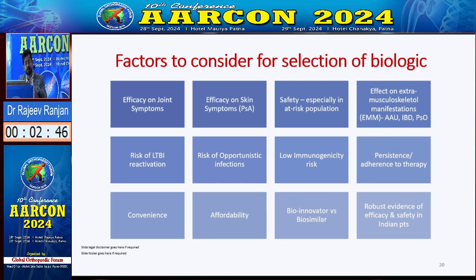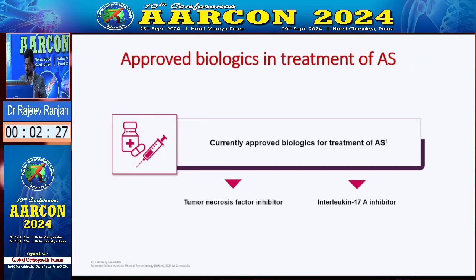There is also persistence or adherence to the therapy, convenience, and obviously the cost, bioinnovator versus biosimilar. So before giving any biological, we take all these factors into account, and then we give it to a patient.